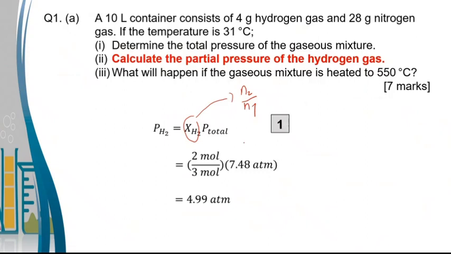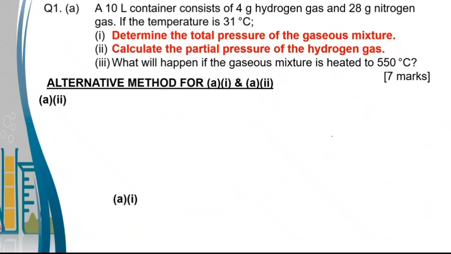The first mark will go to our formula or insertion. The second mark will go to the final answer with unit. Alternatively, we can also obtain the total pressure and partial pressure this way.